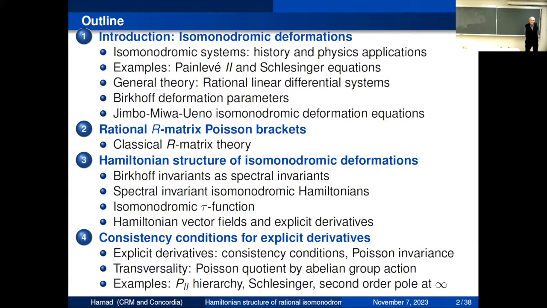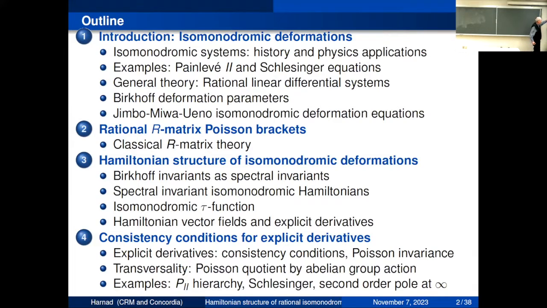I will mainly be talking today about the classical, but there are certainly many, many applications, even of the classical isomonodromic equations, to quantum problems where you're computing things like correlation functions in either a statistical mechanical or a quantum many-body system or a quantum field theory. And the equations that determine these correlation functions are themselves isomonodromic deformation equations. So there's a very, very close interplay between classical and quantum.